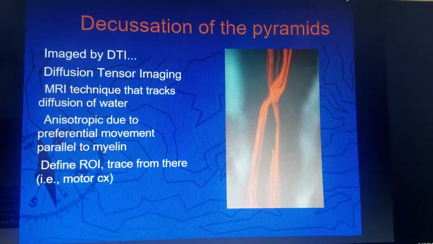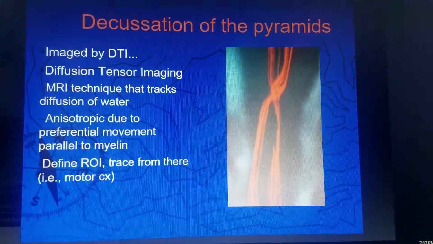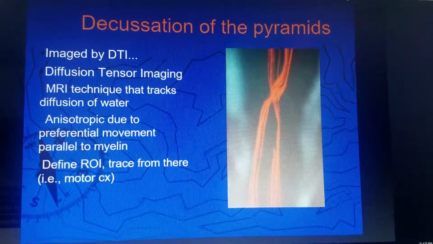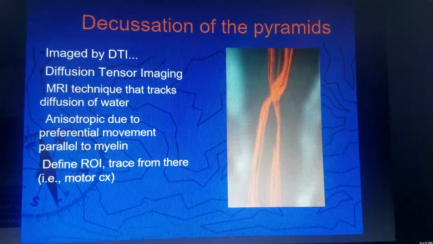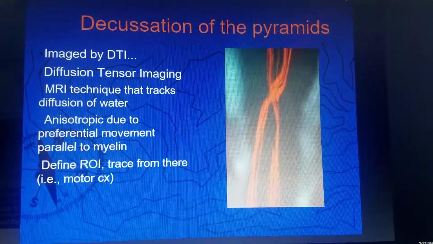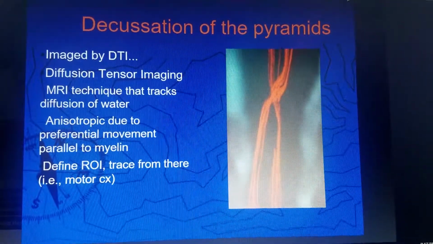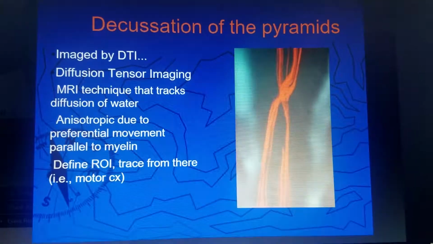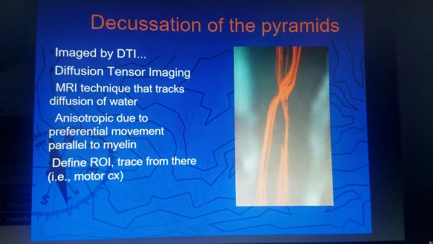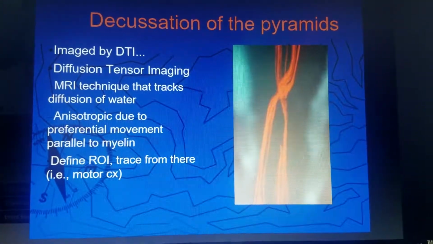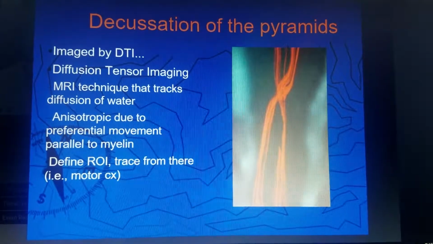You can say, I want to see where the fibers go from here, and you can then get a nice visualization of the geometry and the organization and the mapping, if you will, of the white matter patterns. You've seen some of these beautiful images where they take away everything except the tract. You show the tractography, and it's quite impressive.